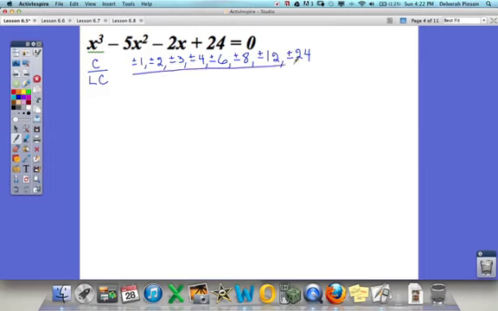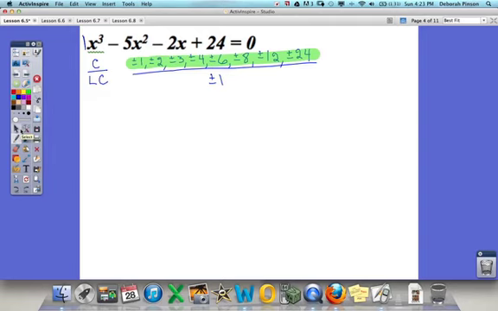Okay, so a lot of possibilities there. And then I'm going to divide by factors of the leading coefficient. My leading coefficient is 1, which means 1 divided by 1 is 1, 2 divided by 1 is 2, etc. So really, my list of possibilities are these right here, because any of those over 1 is going to be itself.